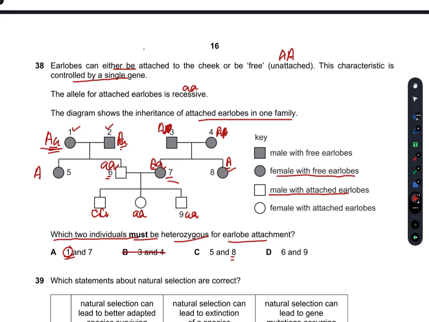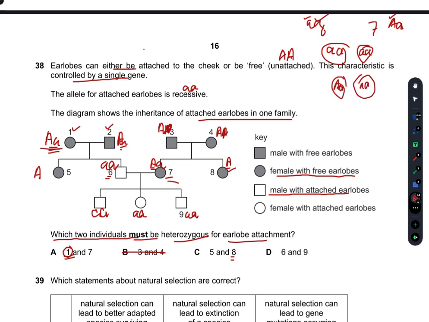So what can be the possible arrangement for these 6 and 7? Now suppose these 6 and 7 mate. 6 has aa, so these will have, this is 1, this is 1, this is 1, and this is 1.